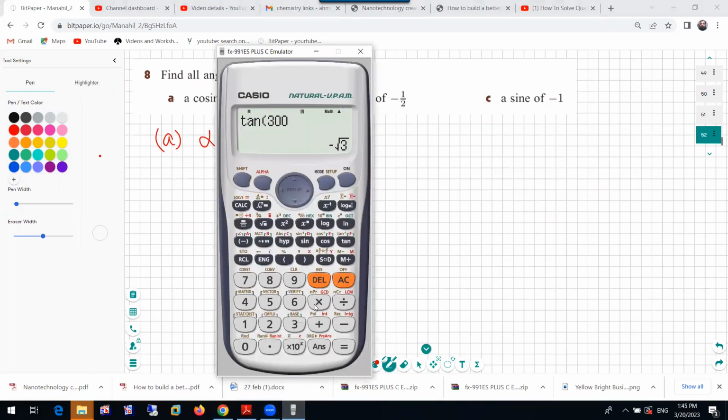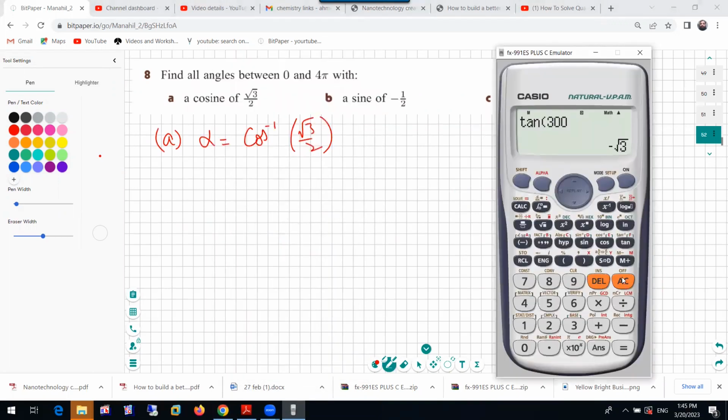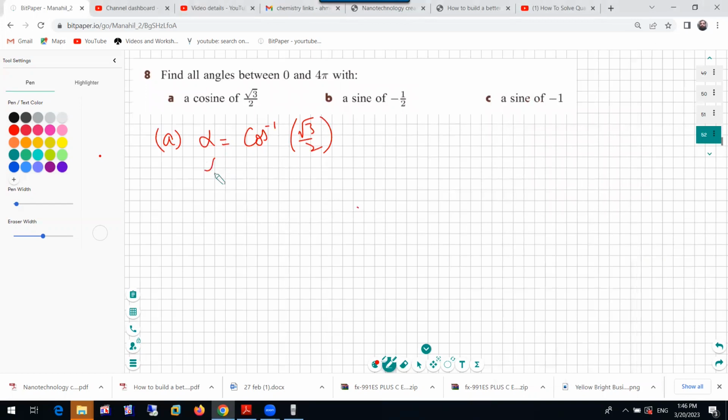So this time using my calculator, cos inverse of square root 3 over 2. What I got is 30 degrees. So alpha is equal to 30 degrees.